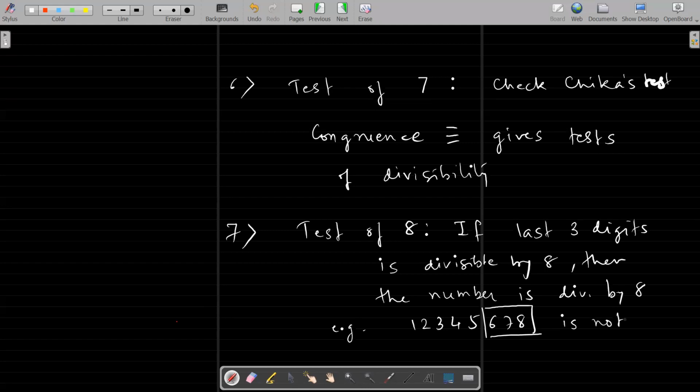Sir, I have a question. What if the number itself is a 3-digit or 2-digit number? In that case, you have to actually divide that number and decide. When it's up to 3 digits, it's easy to handle. But if your number is too big, like 10 digits, 12 digits, and so on, that could be difficult.